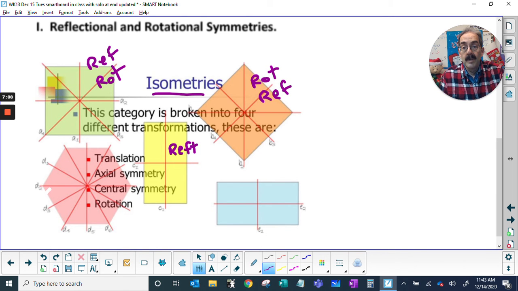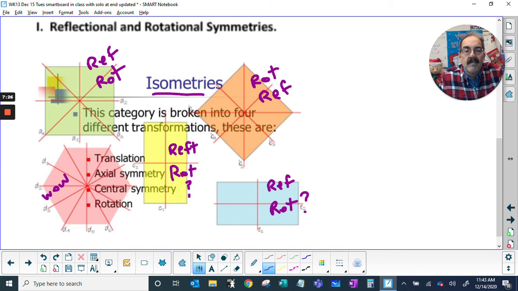This one, wow, lots. This one, not really the rotational. We do have reflective. Rotational, nah, not so much, right? Only the 180 and 360. All right, let's go try some problems.